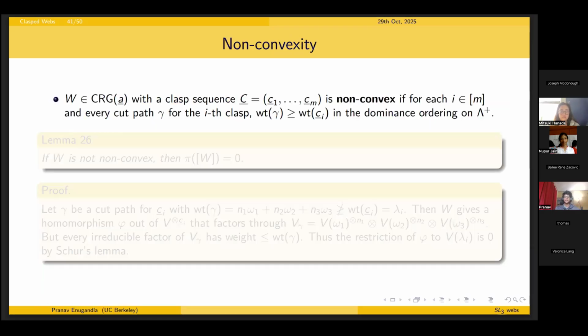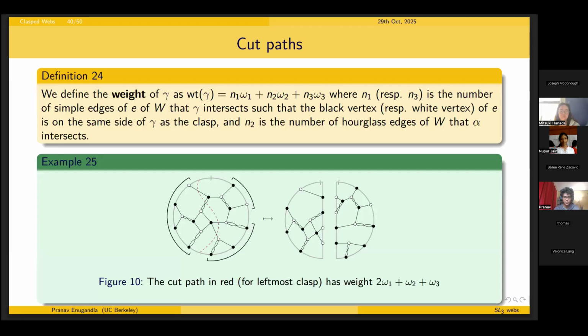And non-convexity is just the condition that anytime you cut your graph, the resulting weight you get for the path had better be larger than the weight of the clasp itself. This is sort of going through what our motto was. Our motto was that you cannot squeeze a big representation through a lower weight representation, and these cut paths are basically telling you how you're factoring your morphism.